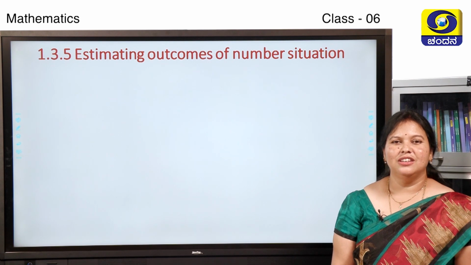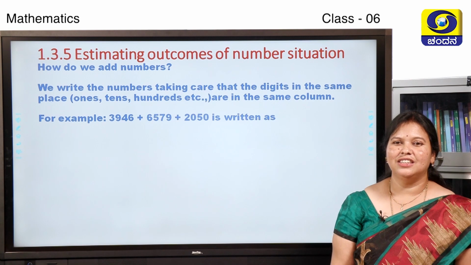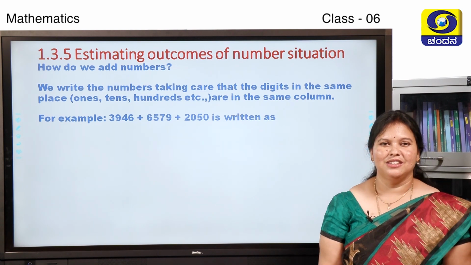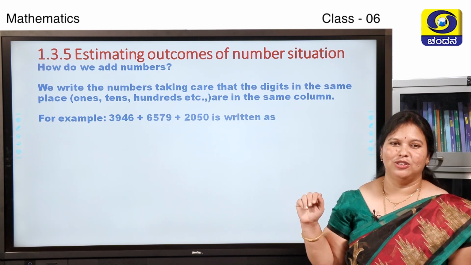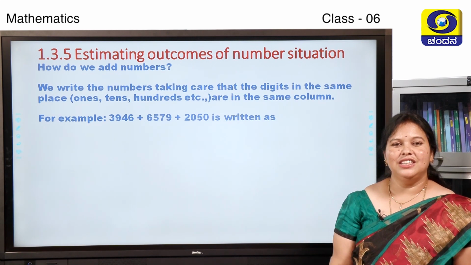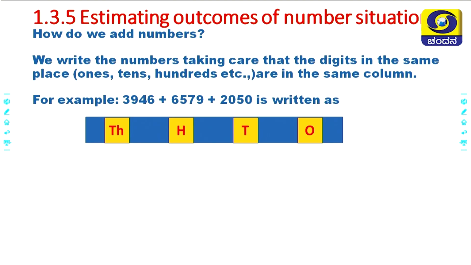Dear children, how do we add numbers? We write the numbers taking care that the digits in the same place, means ones, tens, hundreds, etc. are in the same column. For example, 3,946 plus 6,579 plus 2,050 is written as, here we have to add the column of ones and if necessary carry forward the appropriate number to the tens place, as would be in this case.